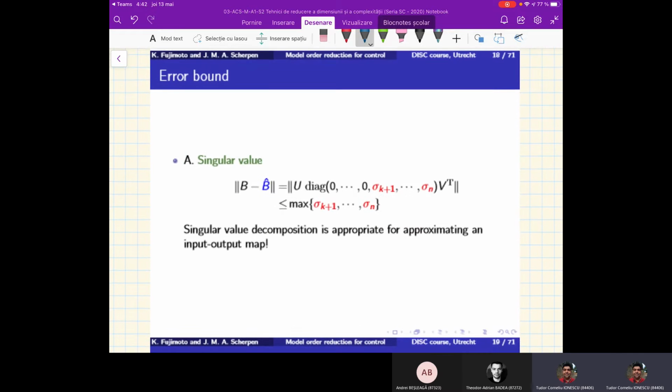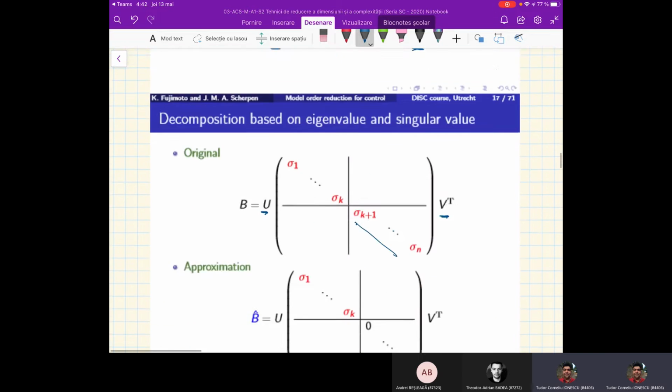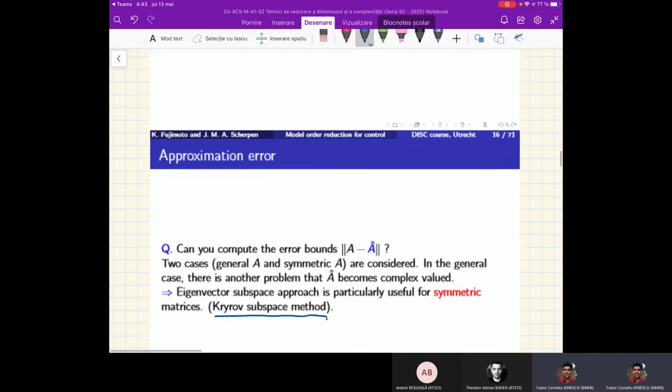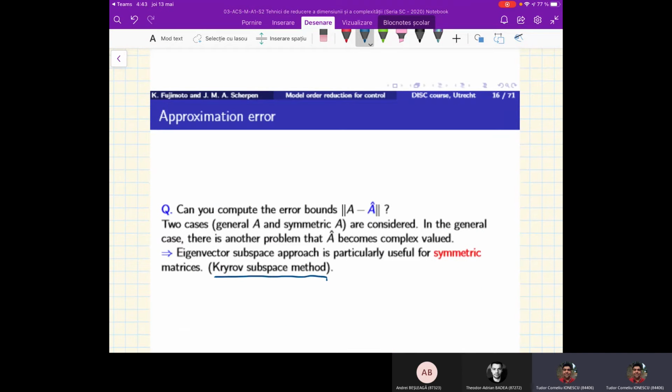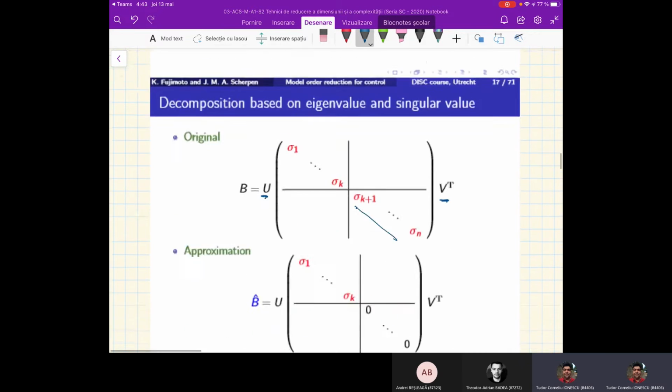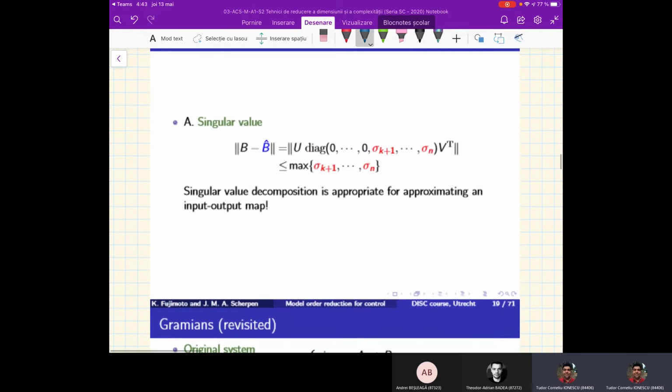Note that in this case we can have an error bound, which we didn't have based on the eigenvalue decomposition. In the case of the singular value decomposition, we can evaluate the norm of the error between the original and the approximation using the left out, or neglected, singular values.